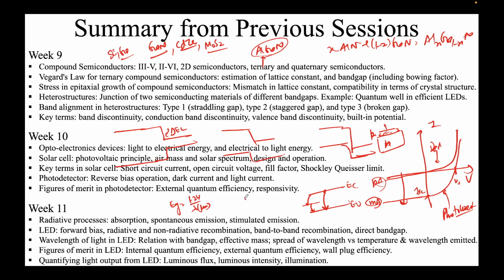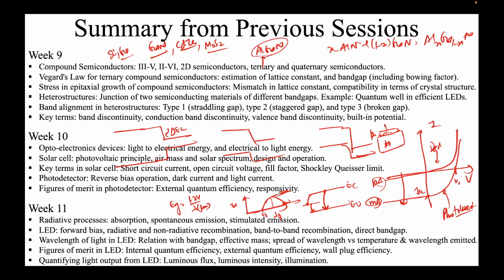If you recall, we got something like this: this is your intensity, and this is your wavelength. Rather it went something like this, not like this. So this is where it peaks, just above Eg, you see a peak over here, right?